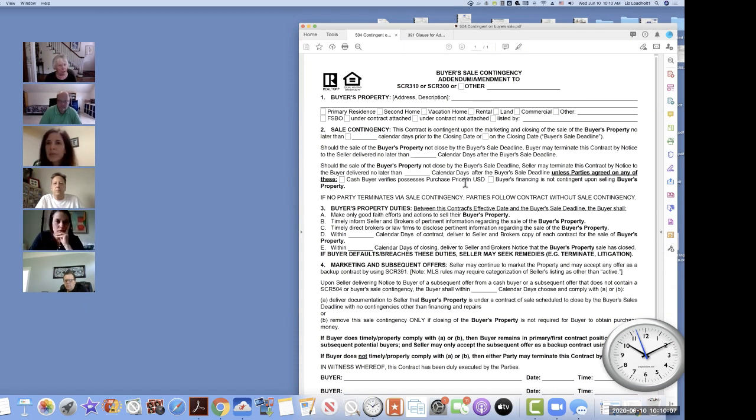If you have a situation like that, you really better pay attention to this and mark these boxes. Whichever one, if your buyer has cash and they can verify that and close, you'd mark that box. If they can qualify for financing without selling their property, you check that box.